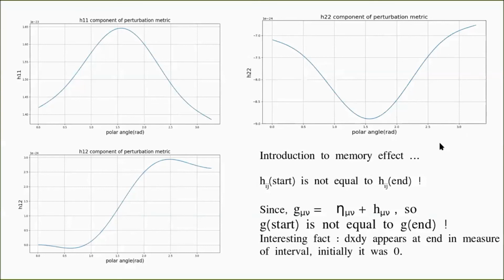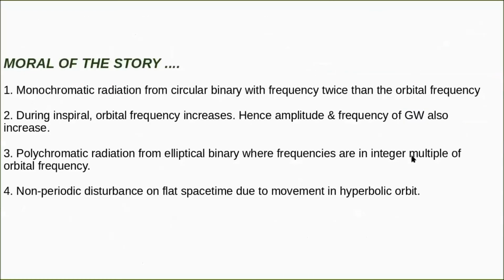So basically this memory effect has been an introduction. There are many different purposes of this memory effect, and hence the moral of the whole story is that monochromatic radiation is emitted from the circular binary with frequency twice the orbital frequency, and during inspiral, the orbital frequency increases, hence amplitude and frequency of gravitational wave also increase.